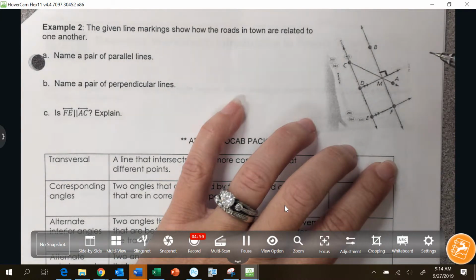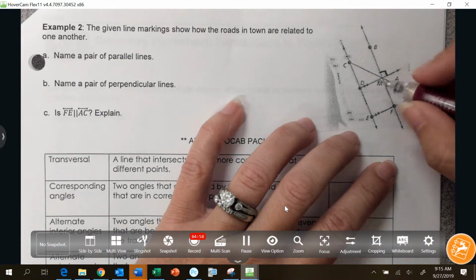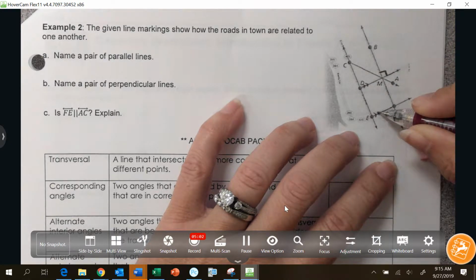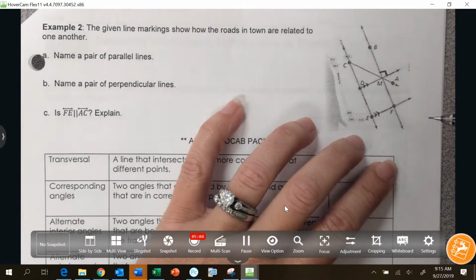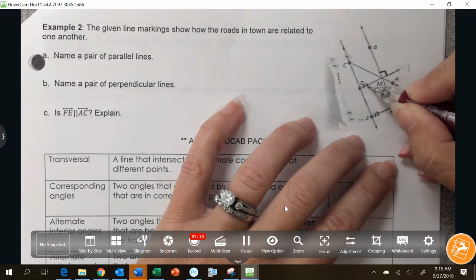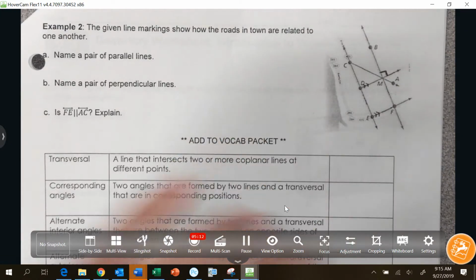Which means the lines are perpendicular. And then we also see these two little arrows here, and this line also has these two little arrows here. What does that mean? We just learned it today. They are parallel lines. So that's marked for you. You know that that stuff's true.